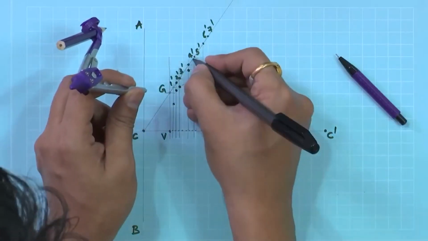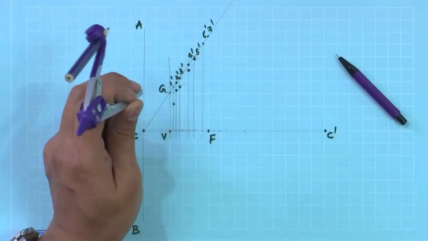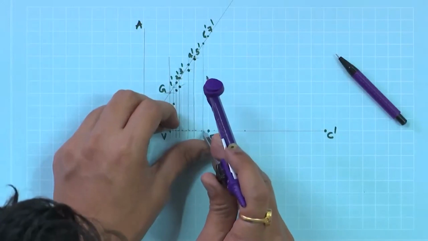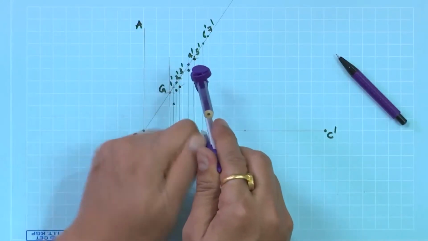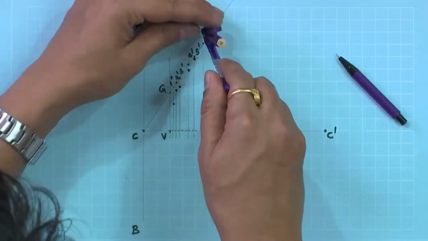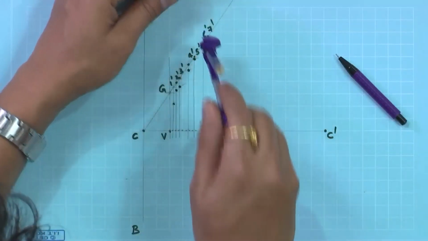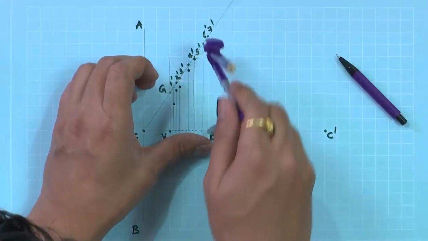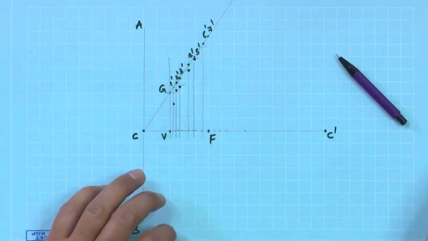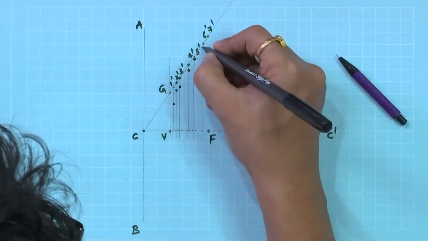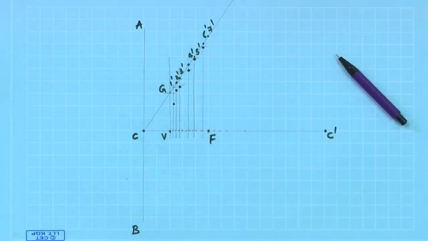So, it is going to intersect somewhere there. Similarly, from this point, six, intersect that. This is the way we construct all these points.